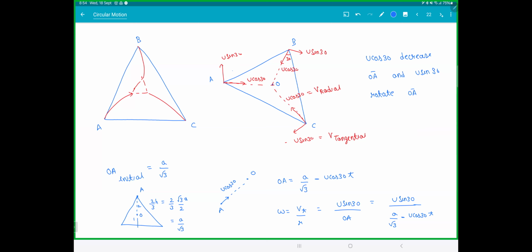Please have a look at this page. Everything that I told you here, you know. You know what u cos 30 does. You know what u sin 30 does. And you know v tangential by r is omega. The only thing is you have to bring them together. Have a look at this page. Any doubts?